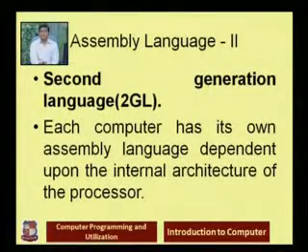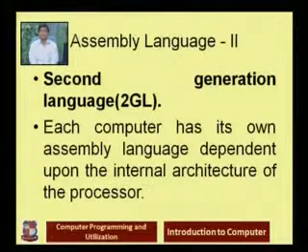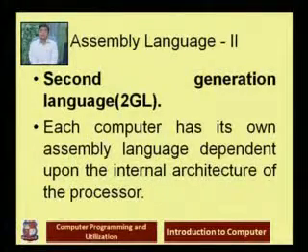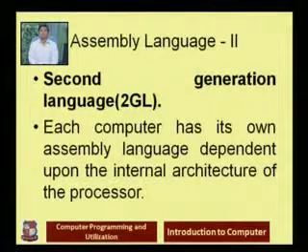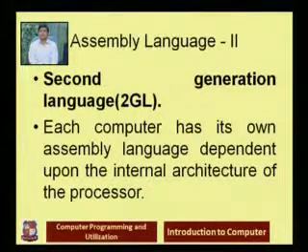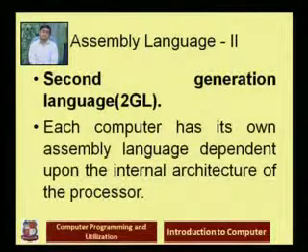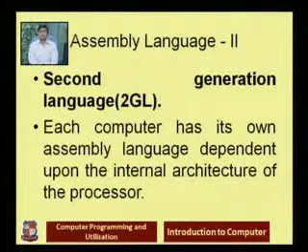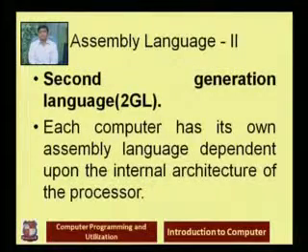Now one important thing about assembly language is that each computer has its own assembly language, and it is dependent on the internal architecture of the processor. As we have discussed earlier, every machine has a different processor, and for every processor we have a different assembly language designed particularly for that processor.